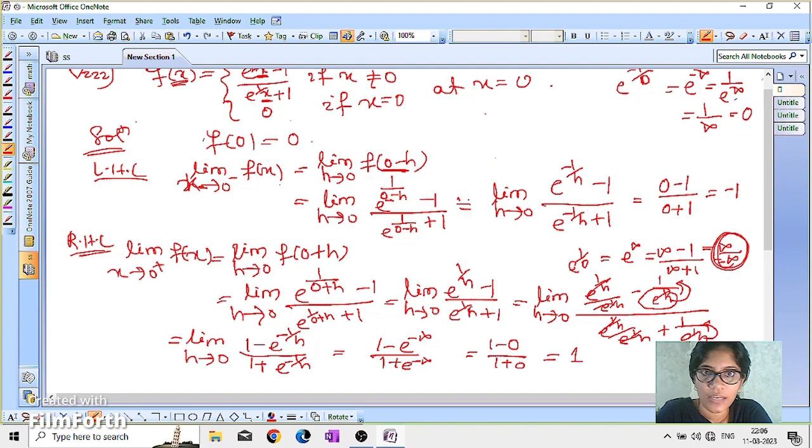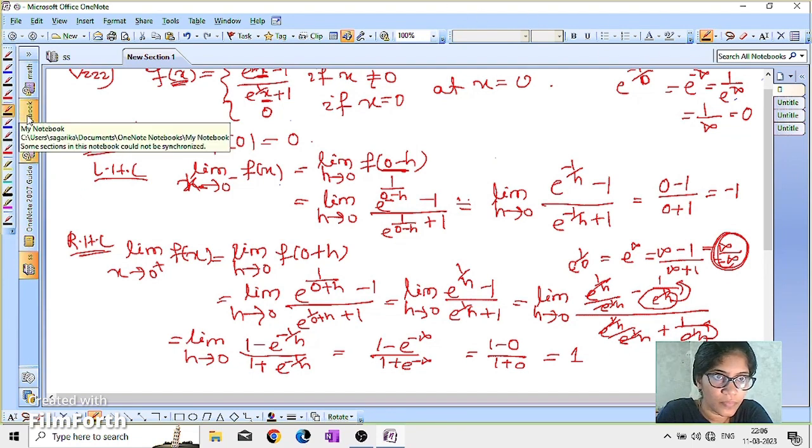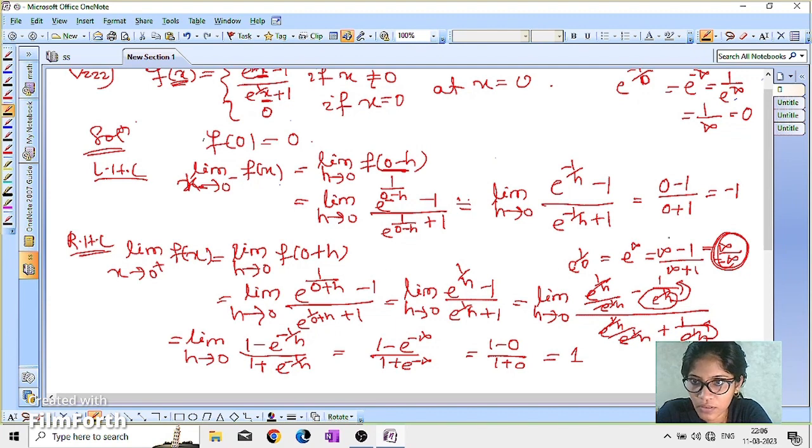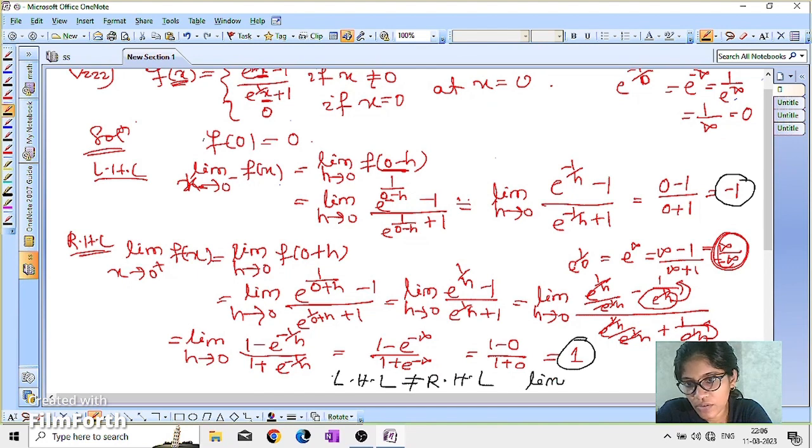But here the left hand limit is minus 1 and the right hand limit is 1. Since the left hand limit is not equal to the right hand limit, that implies the limit value does not exist.